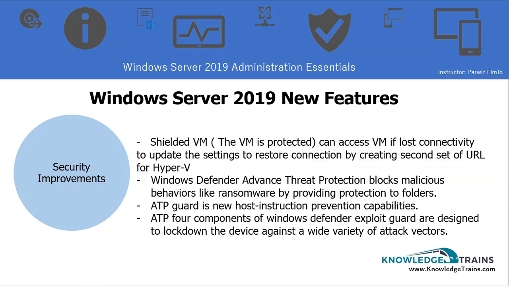It means that the virtual machine or the server is protected and you can access the VM if you just lost the connectivity, and simply what you're doing with shielded VM is you're working in an offline mode.